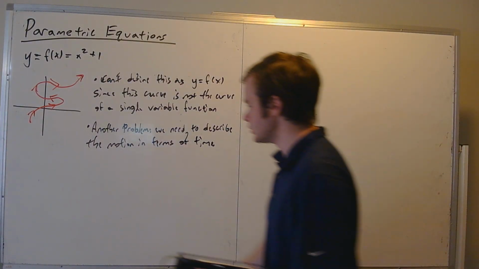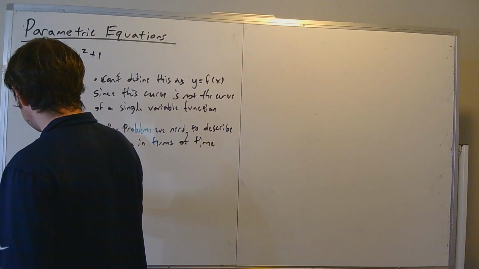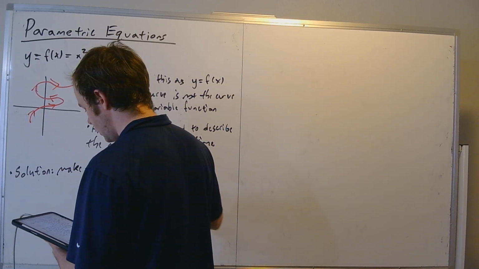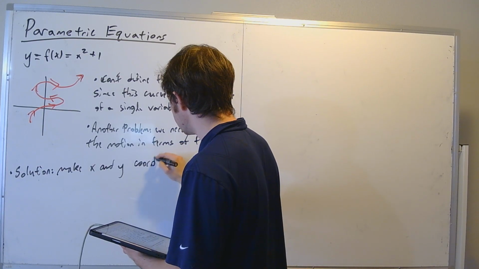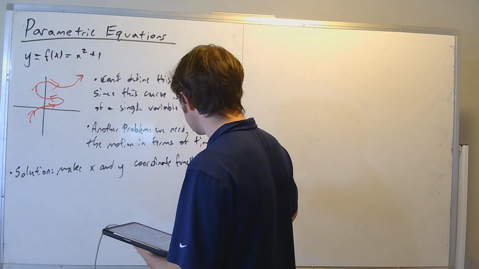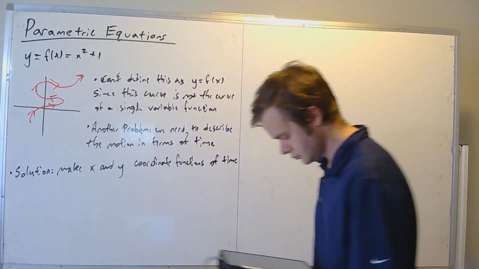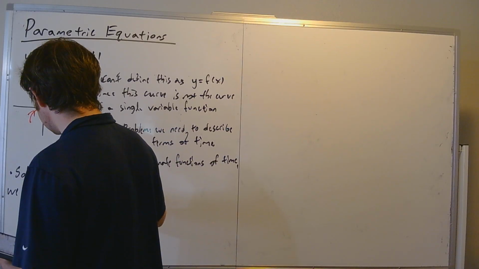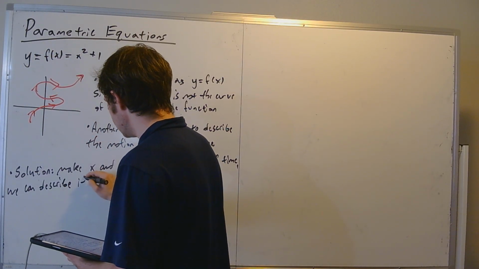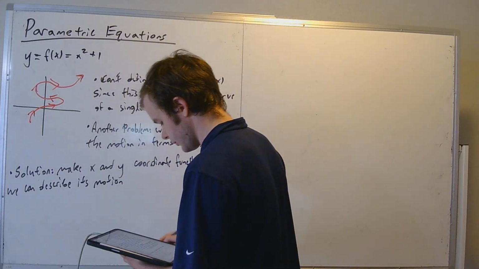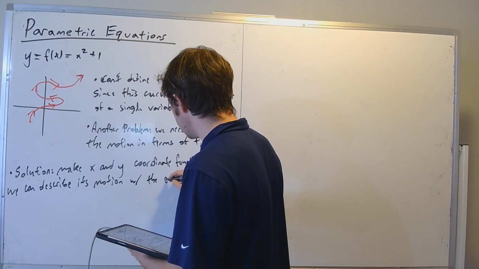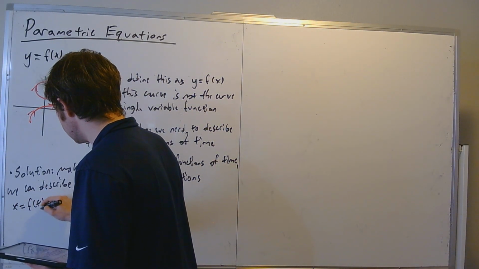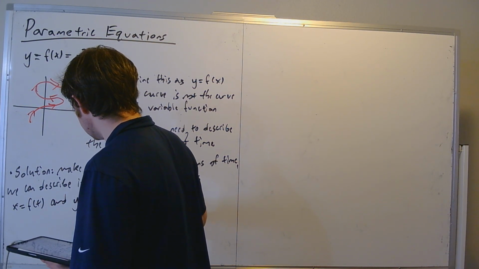Okay. So our solution to this problem is to make x and y coordinate functions of time, and we can describe its motion with the equations x equals f of t and y equals g of t.